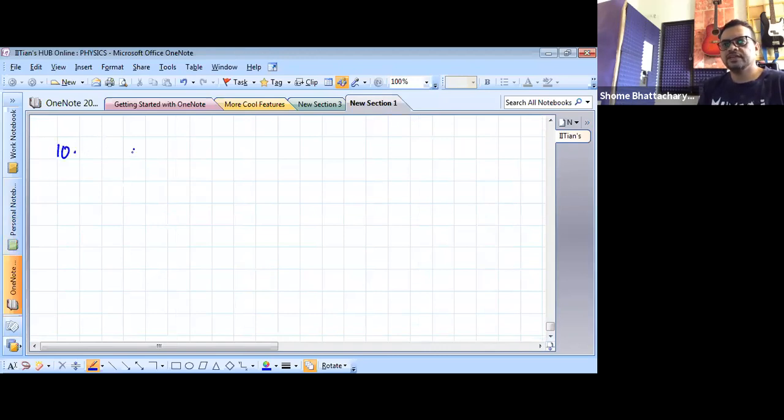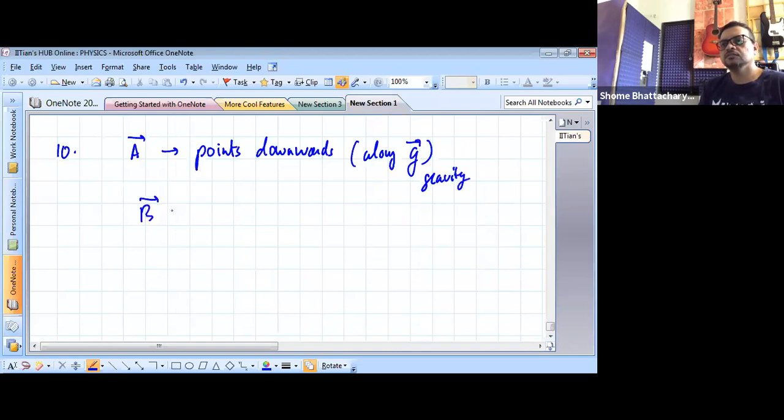So it says that vector A points downwards. So you can say it points along the gravity vector, whereas B points eastward. Okay. So direction of A cross B, ये अपने को निकालना है, calculate this.